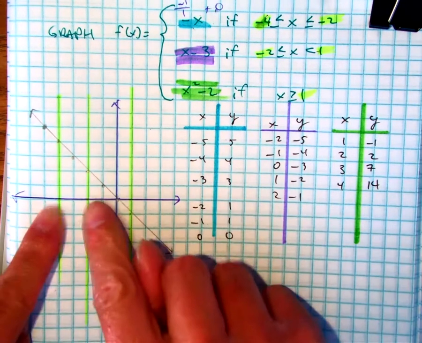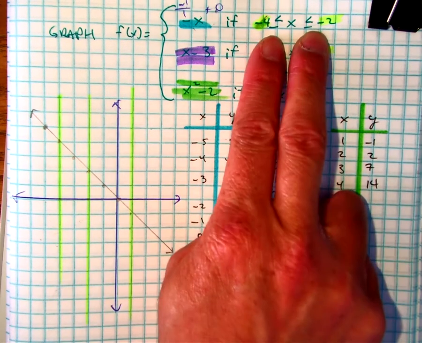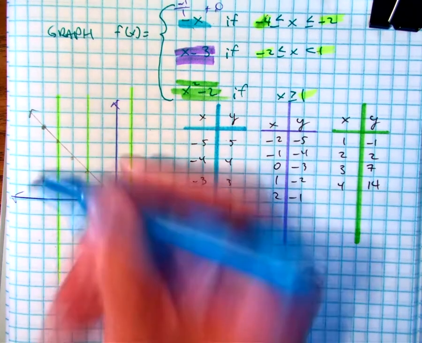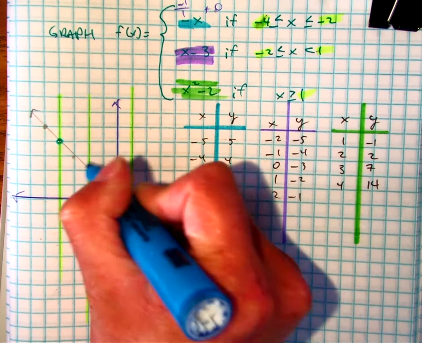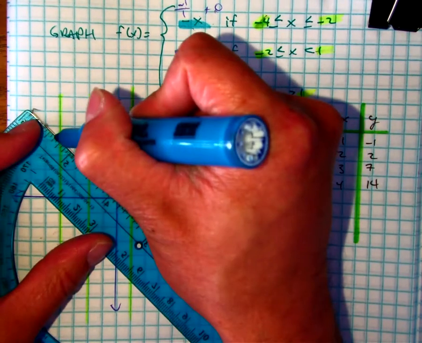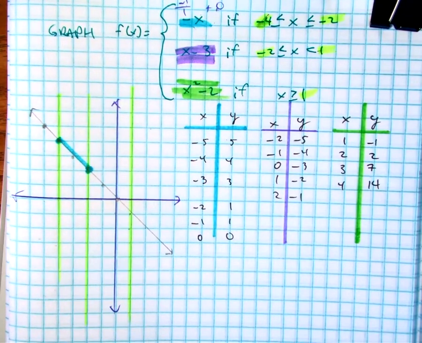So between the points -2 and -4, there's my graph. Class, are these open or closed? Closed. Let's make some solid circles here. And really all I need is a graph right here, because my x values are between -2 and -4. And I can erase everything else.